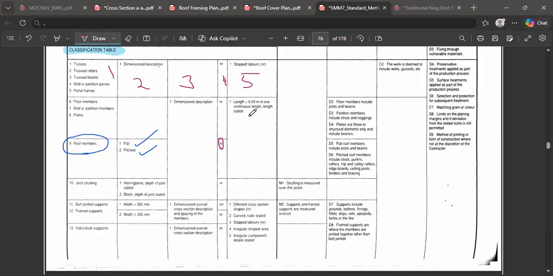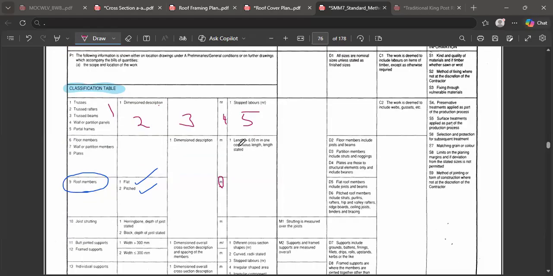Also, let's look at column 5 too. You can make reference to it and say that the length may be greater than 6.00 meters in one continuous length, or even the length that was stated. You can use that, and it should be in a logical manner related to this.